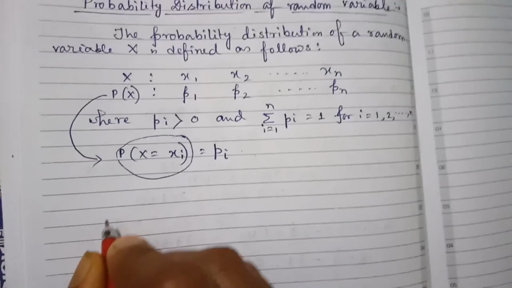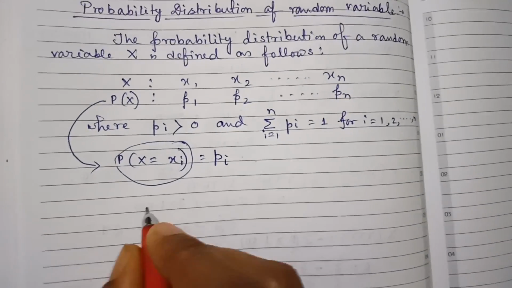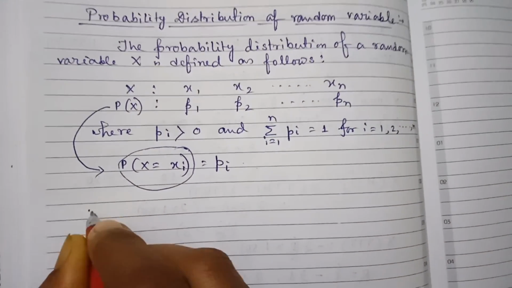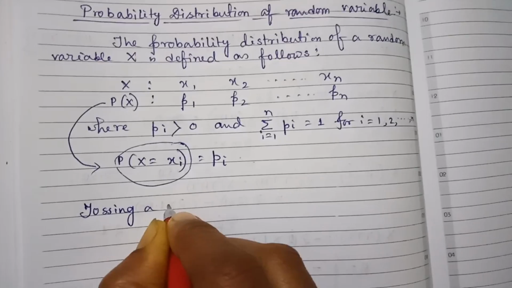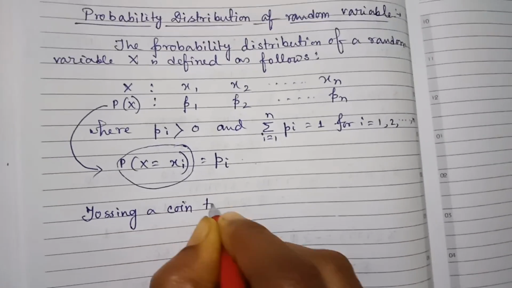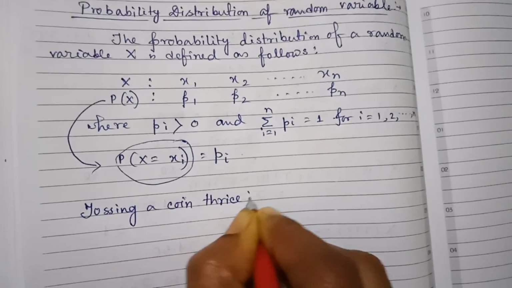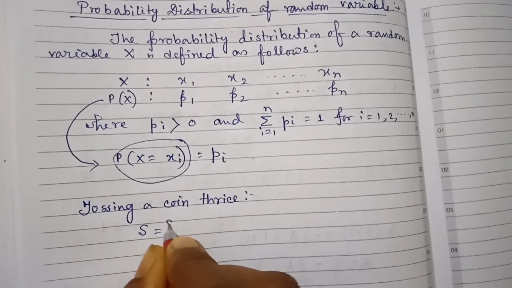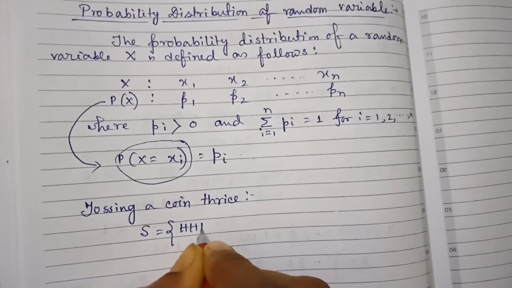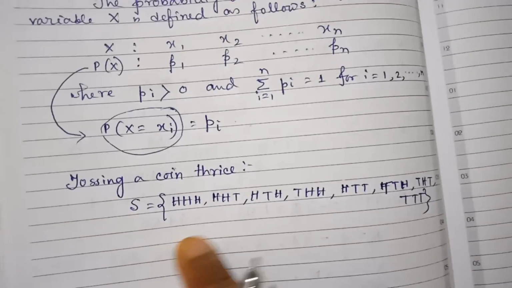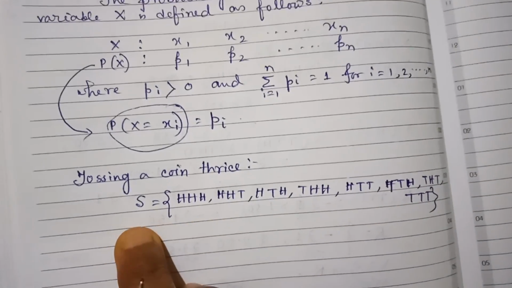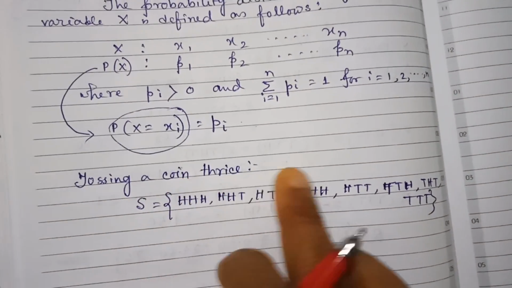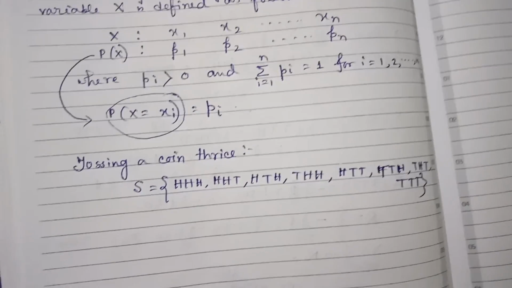So we will discuss one example, like tossing a coin thrice. Sample space everybody knows. These 8 are the sample points of this sample space for tossing a coin thrice.